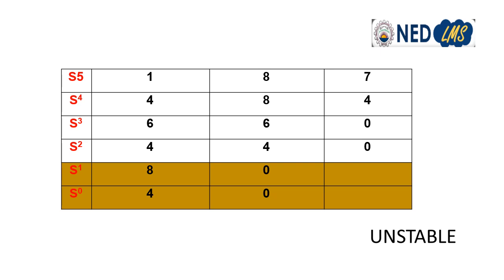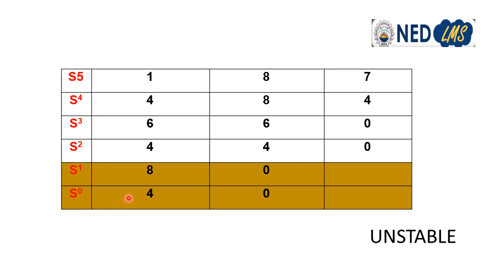So we have made the auxiliary equation 4s square plus 4 by using the coefficients of the row just preceding the row of 0. And then we have taken the derivative, that is d upon ds equals 8s. We replace the row of zeros, that is the row of s raised to the power 1, by the coefficients of d upon ds, that is 8s equals 0. So the coefficient of s is 8, and there is no other alternate coefficient, so we have put a 0 here.